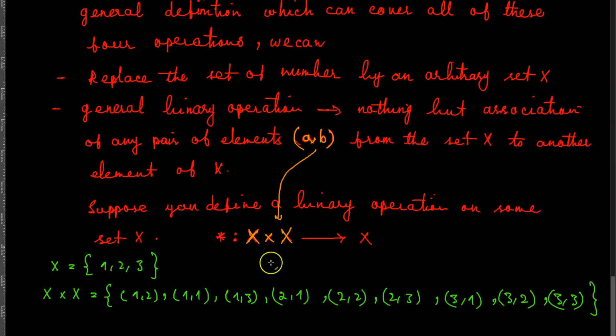And these are all the ordered pairs that you have in the Cartesian product of X and X. And the set X is again basically this set over here, right?